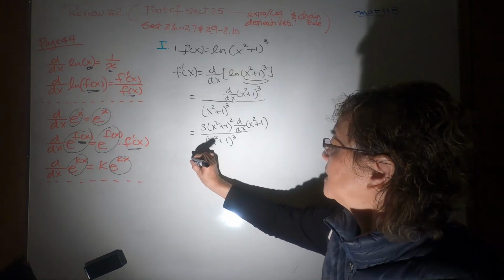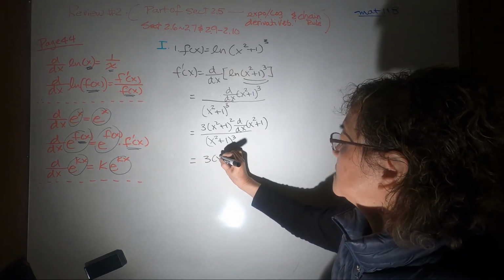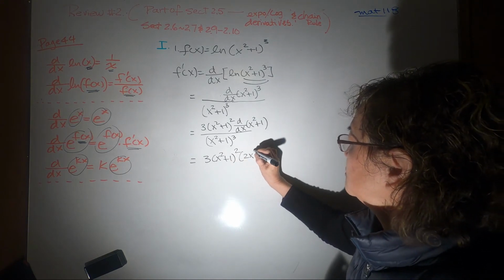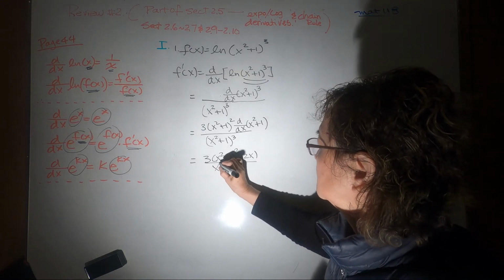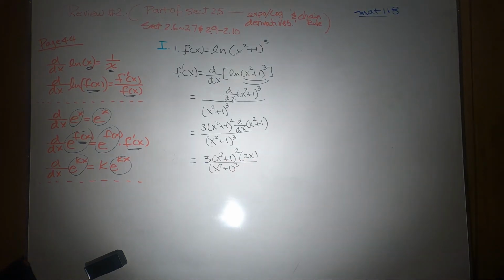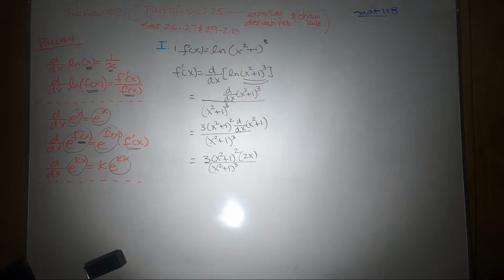Then what do we have? We have 3 times (x squared plus 1) squared. Then this one, take a chain rule, will be 2x. Is that right? Then we simplify, right?